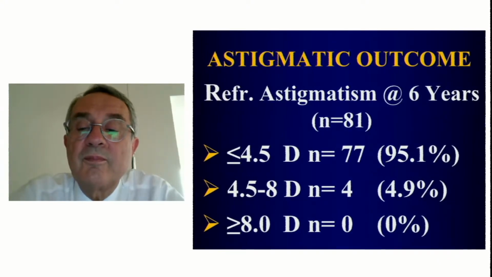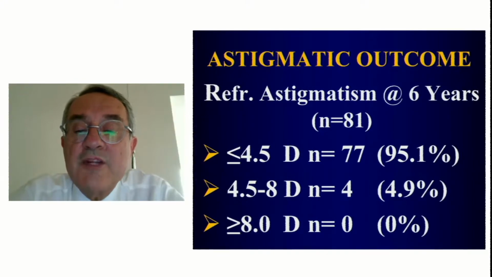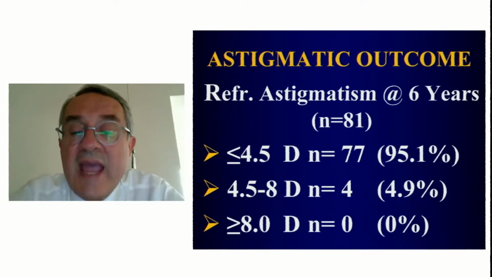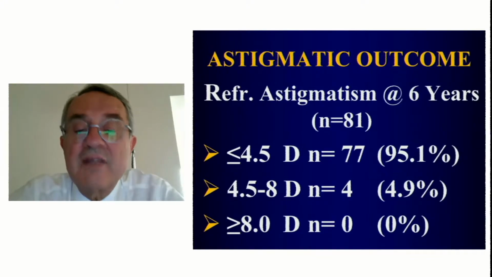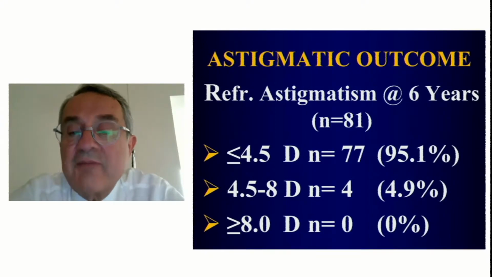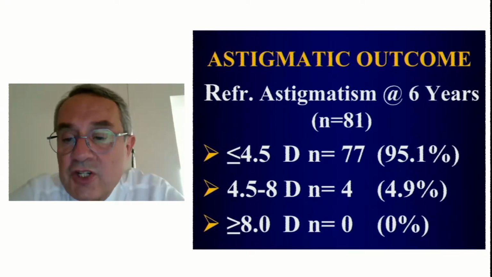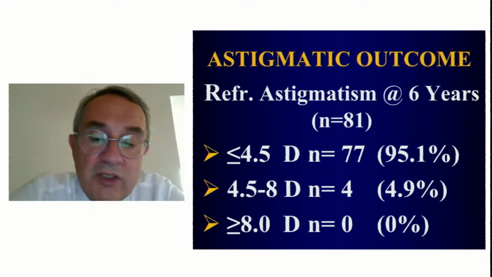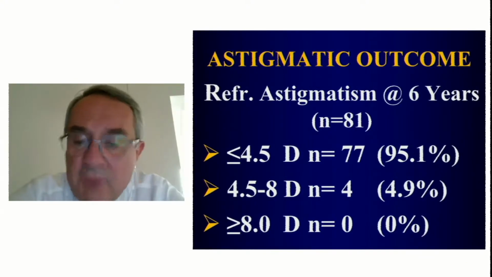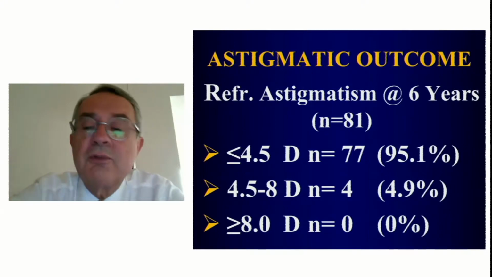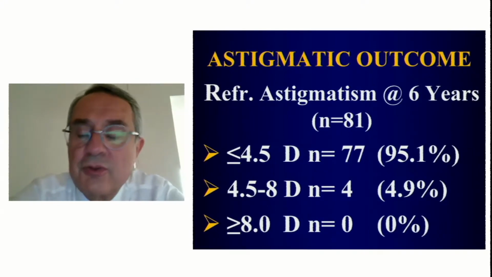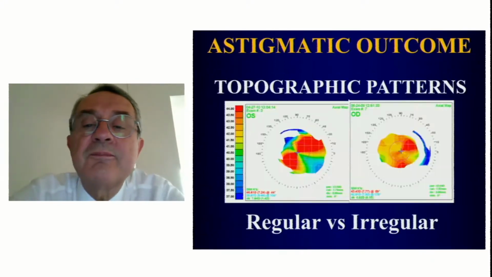Next one. And a small minority at 6 years has refractive astigmatism higher than 4.5. This is because the others have been corrected with surgery, and these wear contact lenses, they don't want to be touched. But most of them, we offer them a very simple correction of the astigmatism. I'll show you next. Next slide.